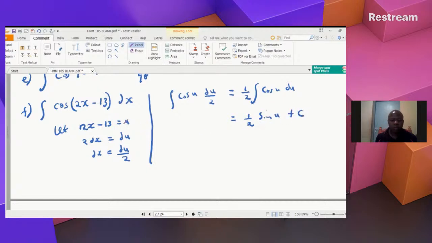Then bring back your u. U was 2x minus 13. So this will be a half sine of 2x minus 13, and then add the constant of integration. I think that's what I wanted to add there.